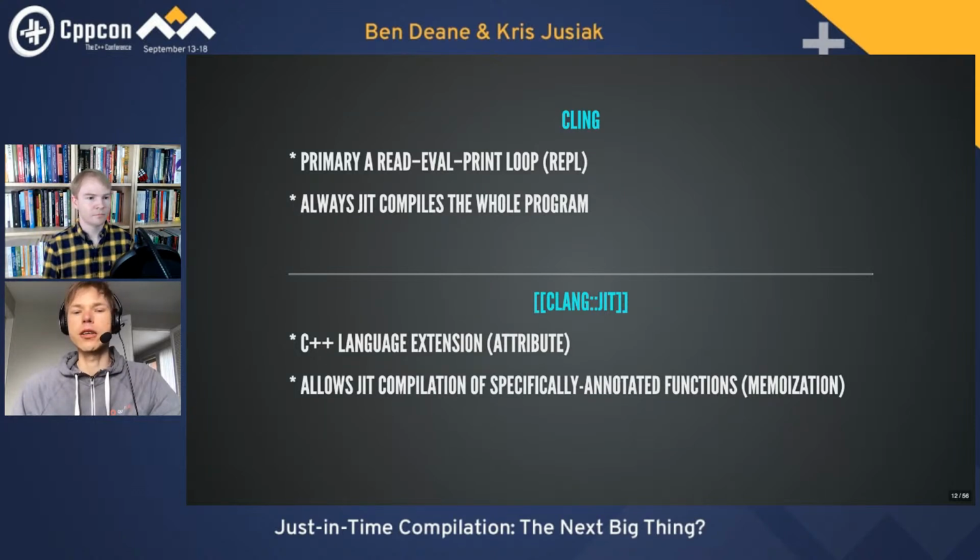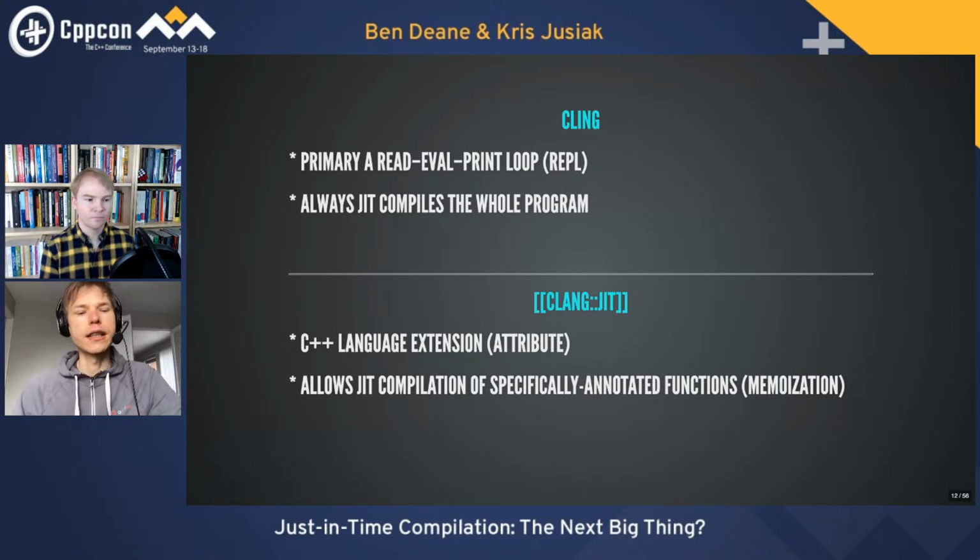Cling always compiles the whole program. It's not about compilation time improvements that much as trying to have quicker feedback for the researchers and being able to leverage the out-of-the-box performance provided by C++.